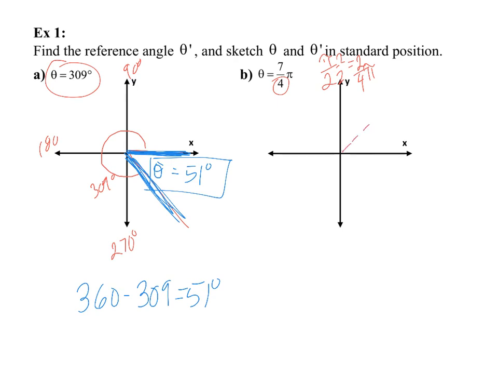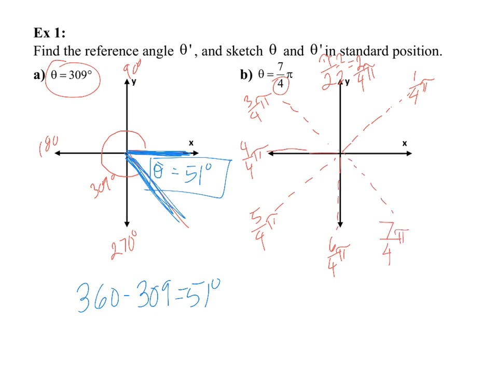So here's the halfway piece, I have 1/4 pi, 2/4 pi, and then 3/4 pi. Here I have 4/4 pi, then 5/4 pi, then 6/4 pi, and then 7/4 pi.